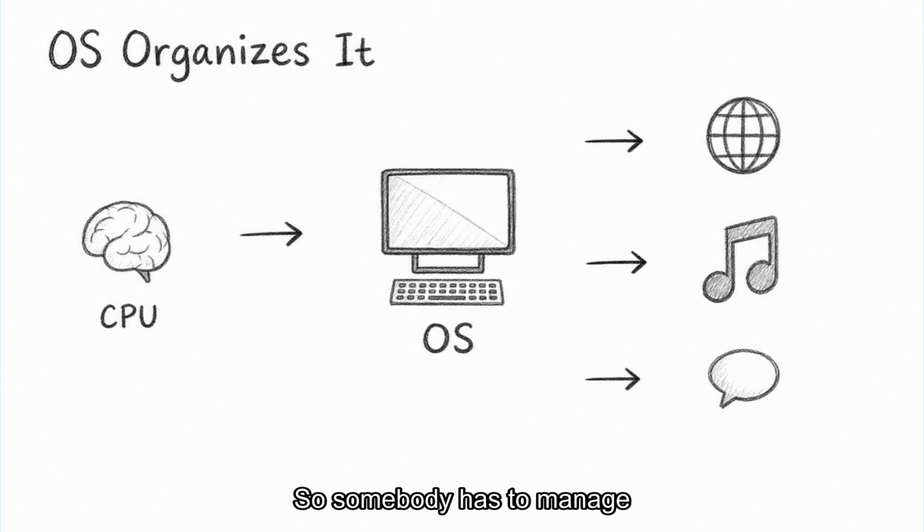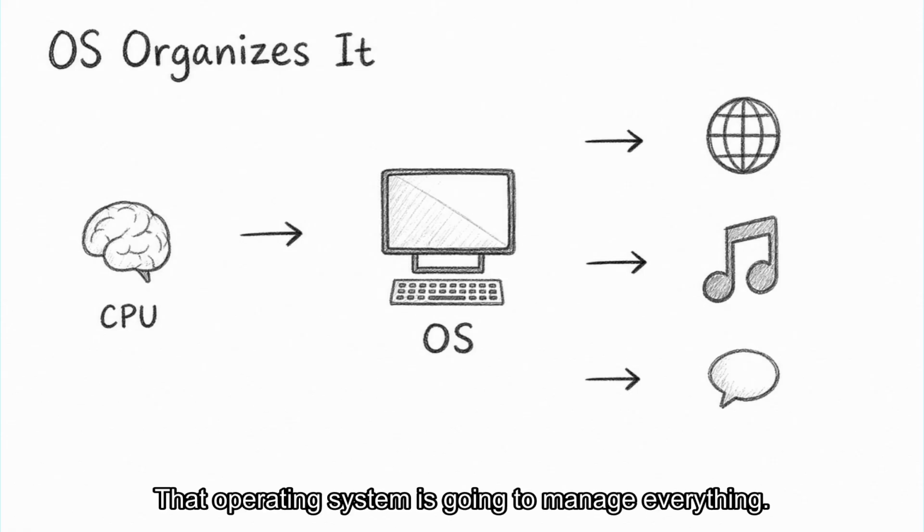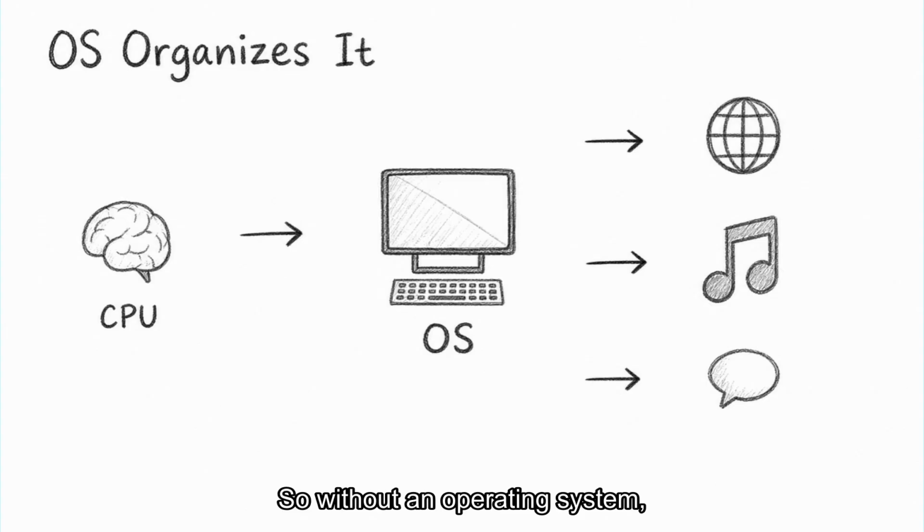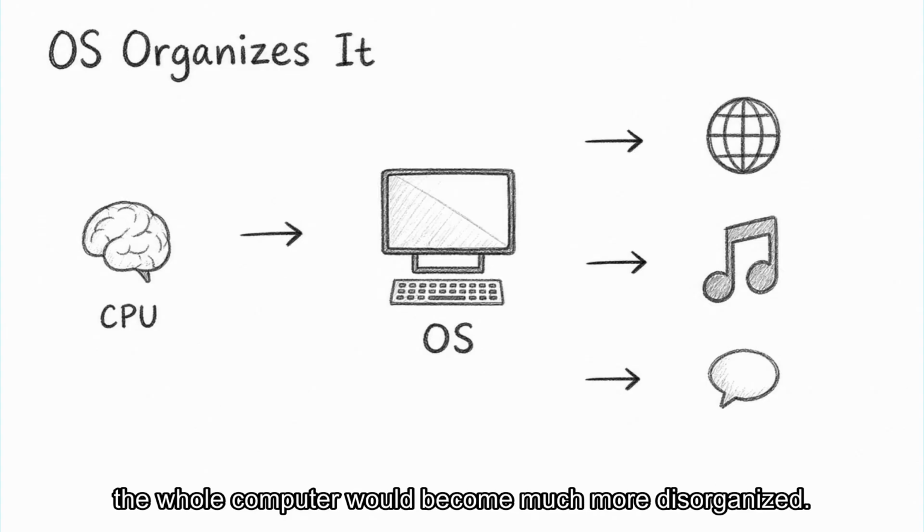So somebody has to manage who gets CPU time, who needs to wait, who uses memory, who reads some data from disk, and who sends data over the network. The operating system manages everything. So without an operating system, the whole computer would become much more disorganized.